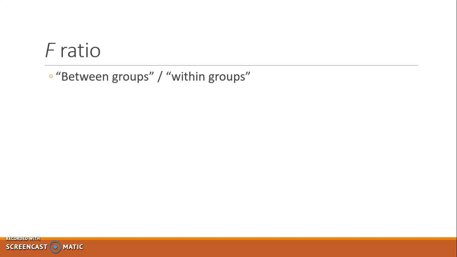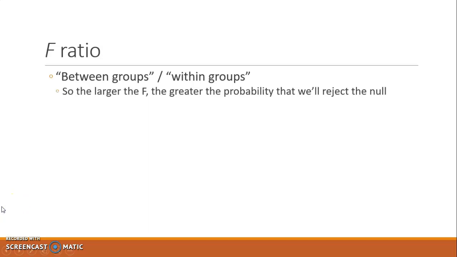What is going on here essentially is that you want to have the between groups be larger than the within groups, because the larger this ratio, the greater the possibility that we'll reject the null and accept the results as significant. So the more difference there is between groups compared to within, that's what we're looking for.